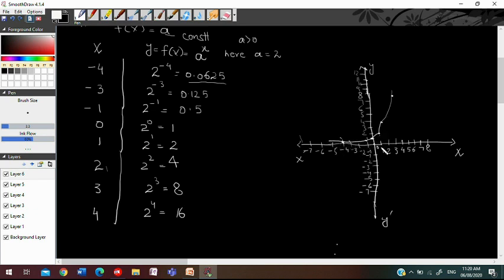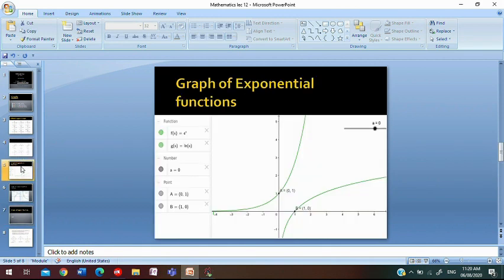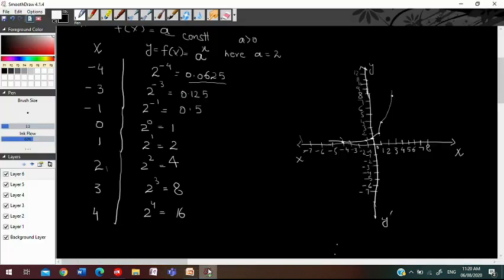Yes, we have such a graph, and I can show you this graph over here. Yes, this one. This exponential power x, this type of graph we get. So when you join the points, you get such a graph. And making a graph is very easy.